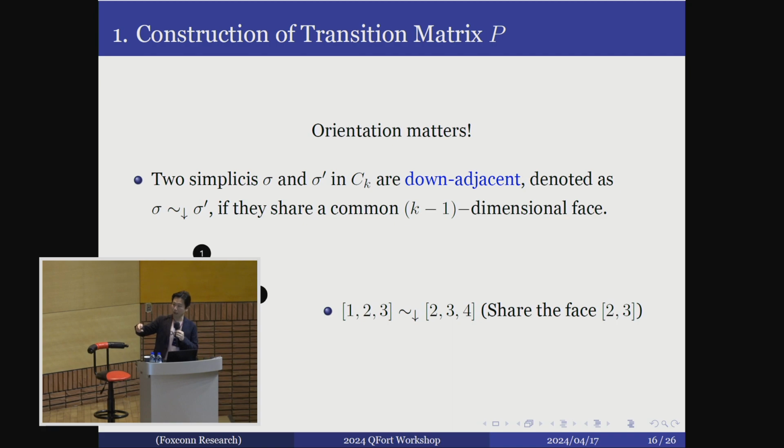Similarly, we can consider the down adjacents. You look at one smaller dimension: if we consider k simplices, then you ask whether they share a common k minus 1 face. This is another example: 1, 2, 3 and 2, 3, 4 share this face, a two-dimensional face, which is an edge.